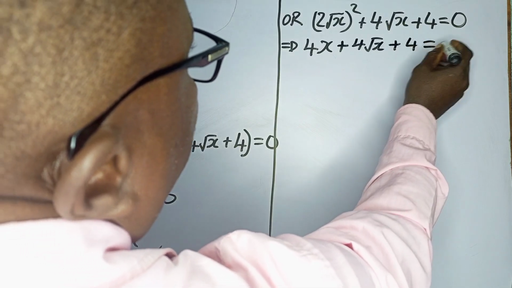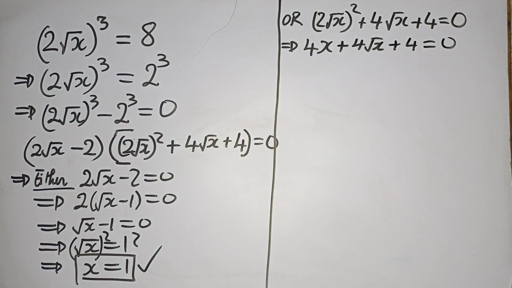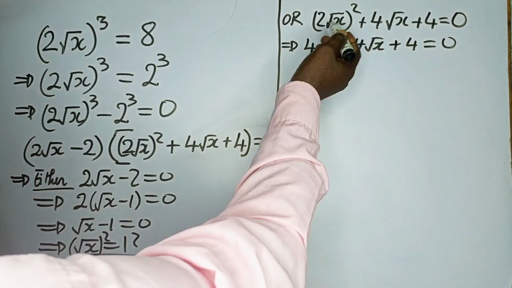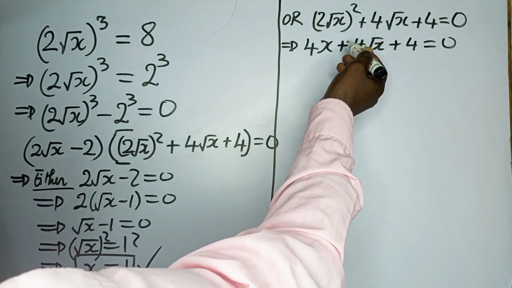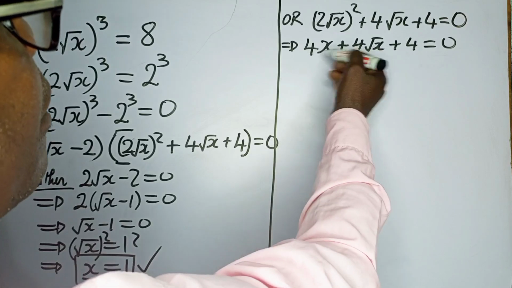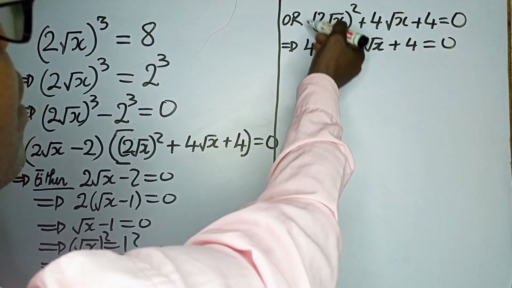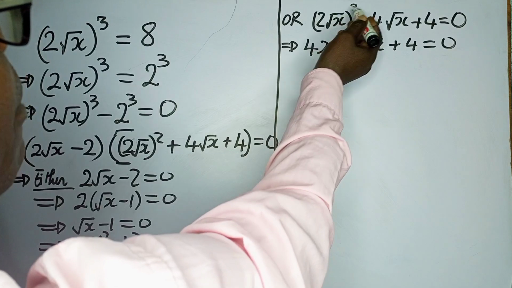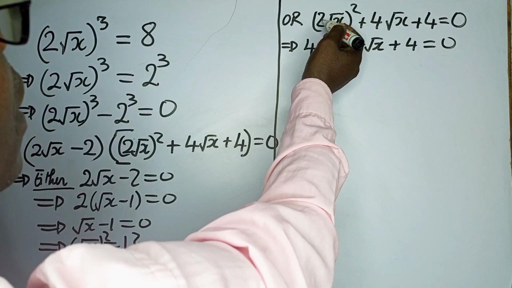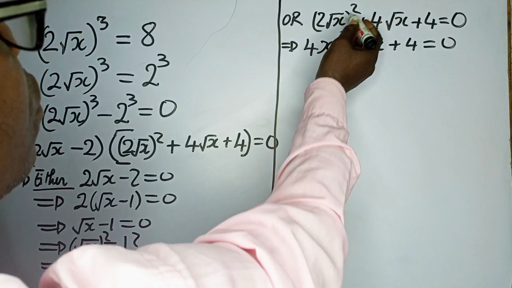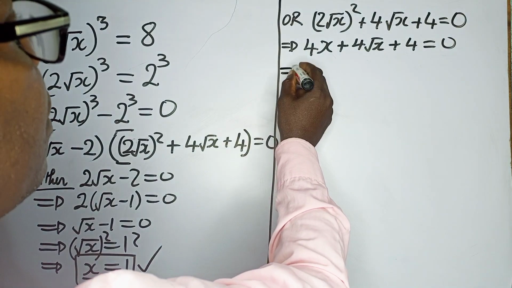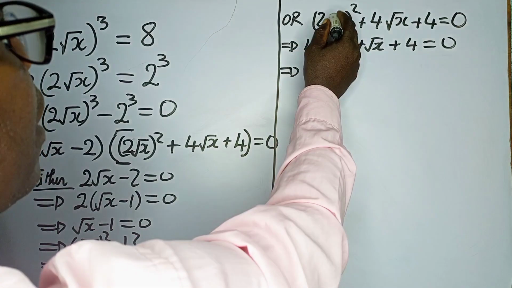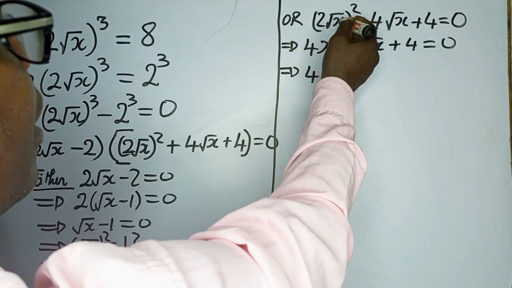plus 4 equals 0. Now this is actually a quadratic. If we look at the step preceding, let's instead modify this one so that we can see the quadratic nature. Let us apply the square on 2 and let this one remain. So 2 squared is 4, like we got here. Then here we will not carry out that operation.